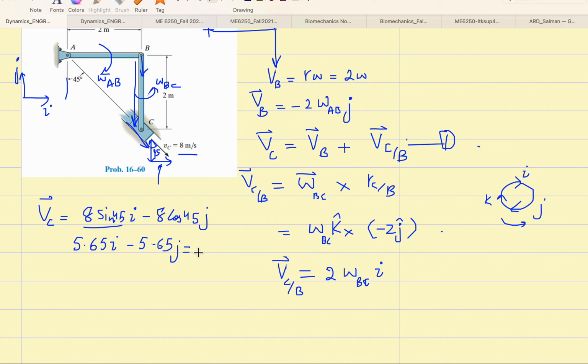Equals VB, negative 2 omega AB J plus 2 omega BC I. Let me rewrite here.